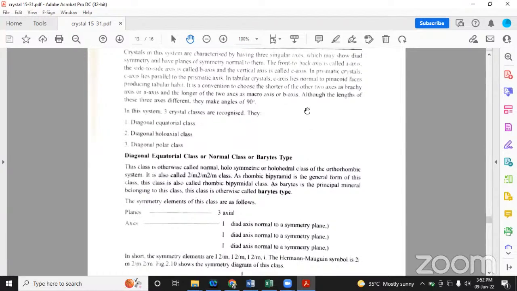There is a naming difference here. You can mention the diagonal equatorial class, diagonal holoaxial class, diagonal polar class. This is the normal class, the orthorhombic bipyramidal class, the orthorhombic disphenoidal class. These are different names of the same classes.